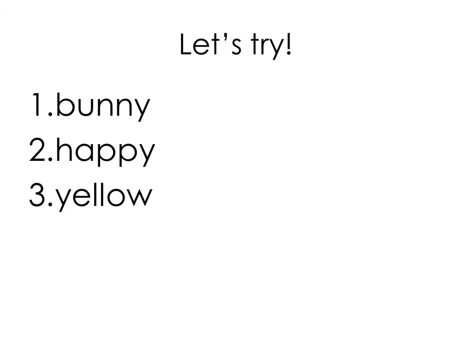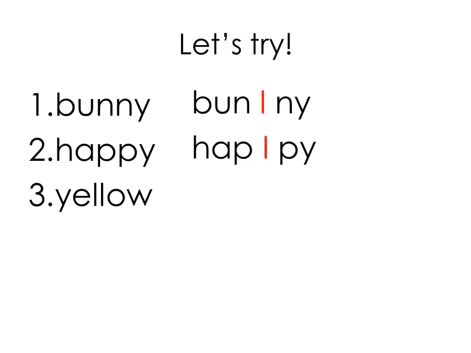If you're not yet done, click the pause button. And if you're done, click the play button to know the answers. Number 1, bunny, bun, chop, ny. Number 2, happy, hap, chop, py. Number 3, yellow, yel, chop, low. Good.